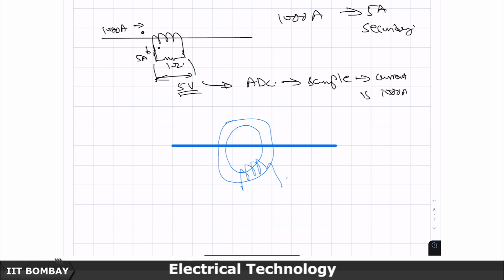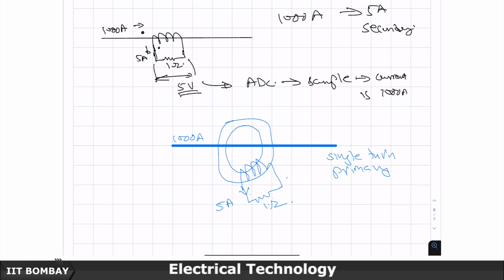So, this is as if a single turn primary. Here is 1000 amperes, here is what is going to be the 5 amperes, and then the 1 ohm.